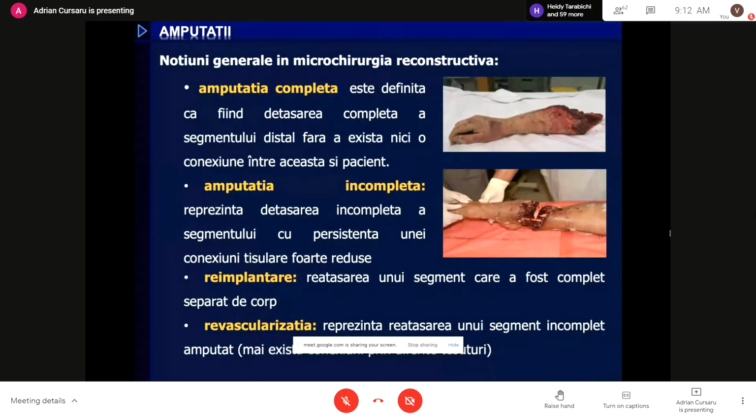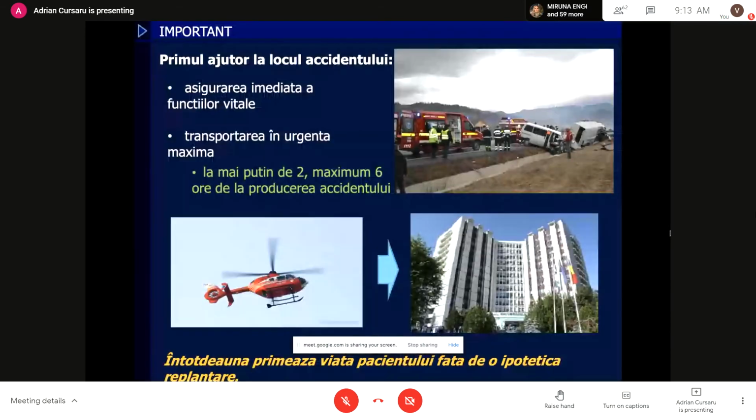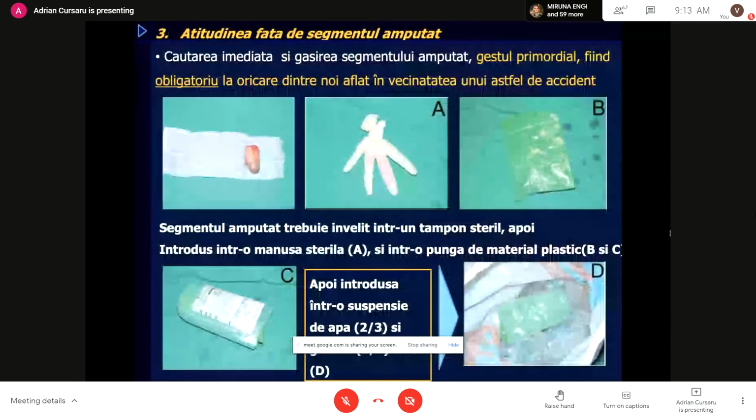In that kind of patient, it is very important to remake the vessels and to permealize the tissue, because otherwise it will be a catastrophic evolution.